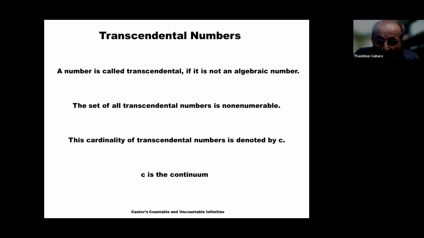Whatever's not inside the algebraic numbers, and that's within the reals, is a transcendental number. The transcendental numbers also, because they have fractions that do not repeat, they do not terminate. The set of all transcendental numbers is non-enumerable. The cardinality of the transcendental numbers is denoted by, again, C, the continuum. So the size of the transcendental numbers is huge.